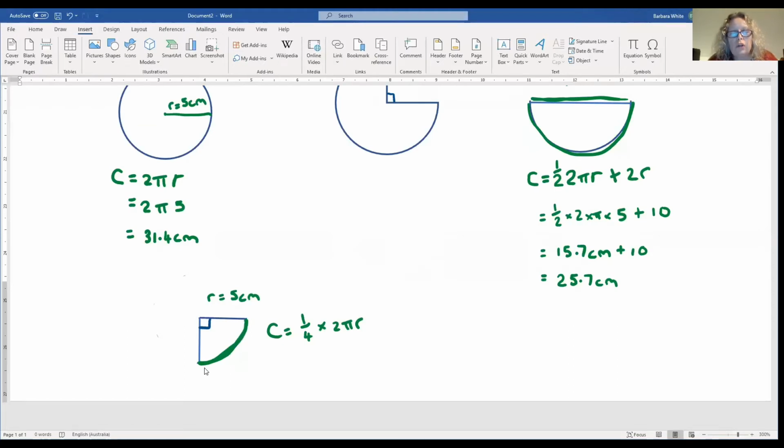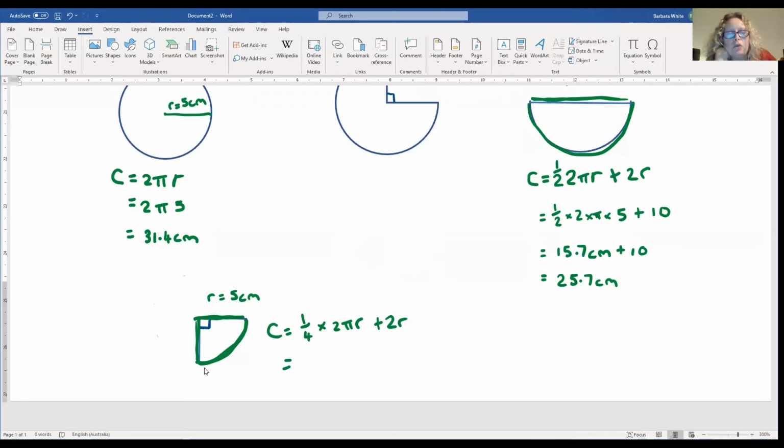So we are also going to have to add the radius and the radius. Now this is from the middle of the circle to the outside, so that is actually the radius, and so is that. So we are going to have to add 2 radiuses.